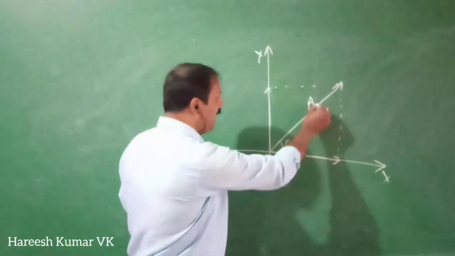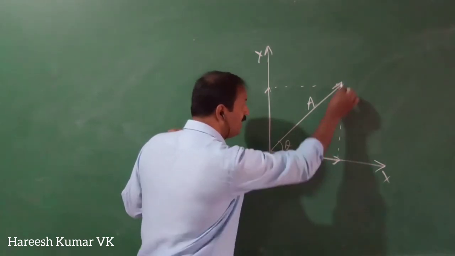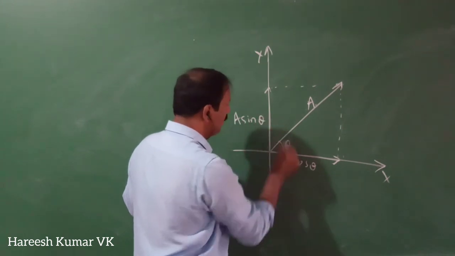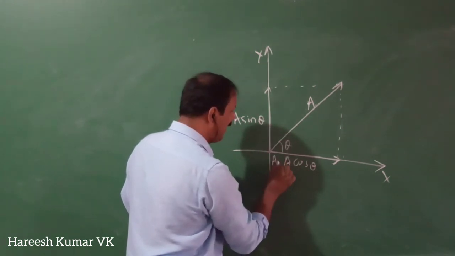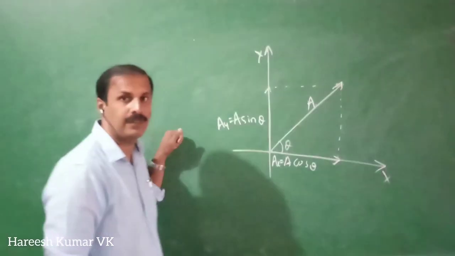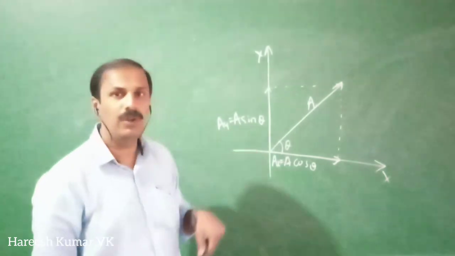So if this is A, this side is A cos theta and this side is A sin theta. This A cos theta I will write as AX, and this is AY. So AX is equal to A cos theta and AY is equal to A sin theta.